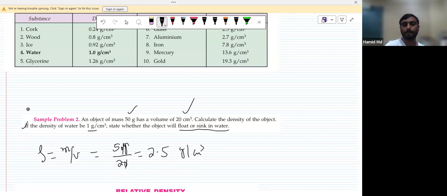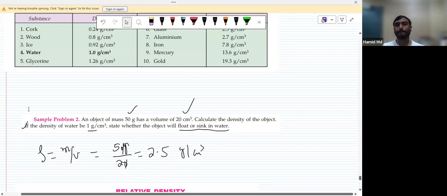The object will float. No, it will sink. Sir, it will sink.